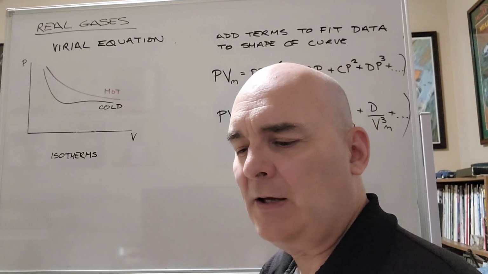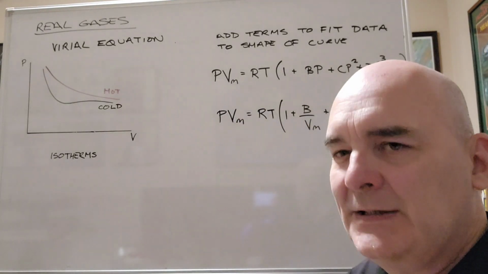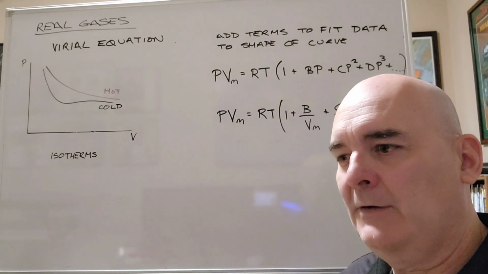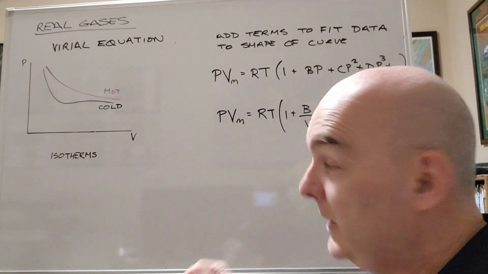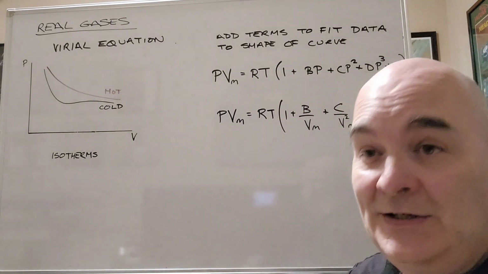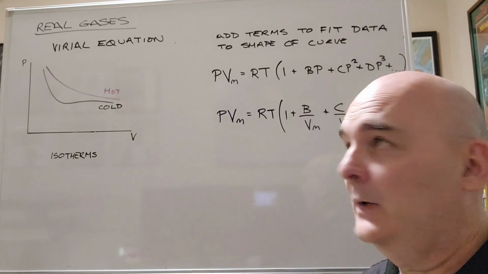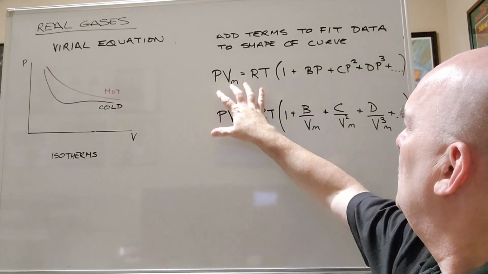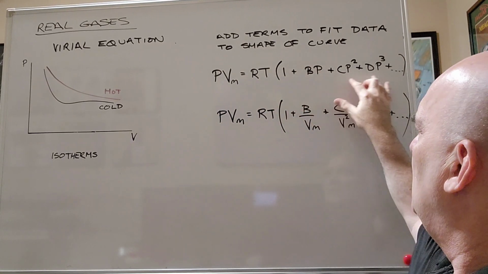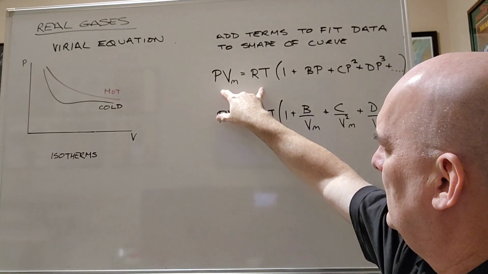So this is a slightly different approach, but in practice, it's quite similar to using the van der Waals form, because these values B, C, and D, if they exist, will be written down, and they're in a table, and we can use them.